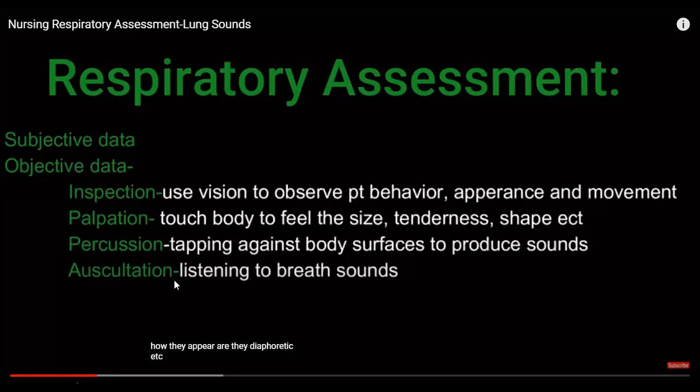Auscultation, finally: we put the stethoscope earpiece in the ear and the diaphragm over the chest, and check for normal lung sounds first, then any abnormal lung sounds. As I told you, there are three normal sounds.